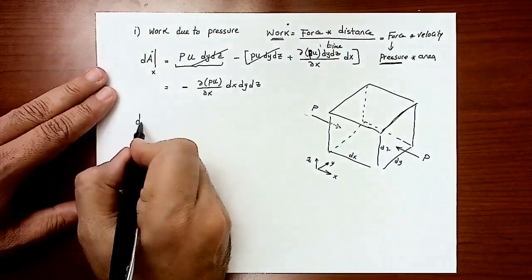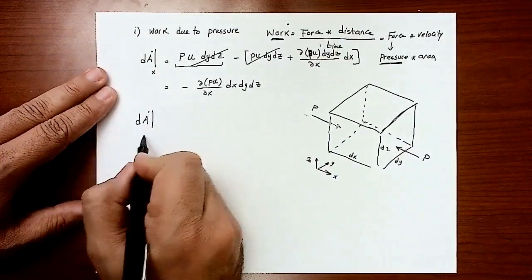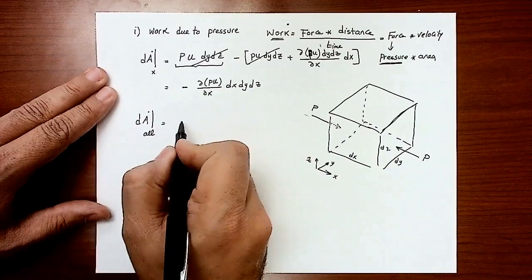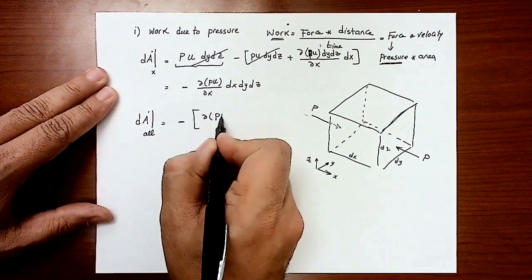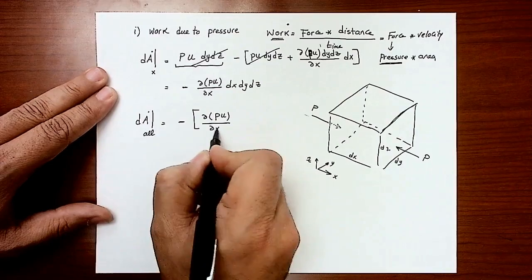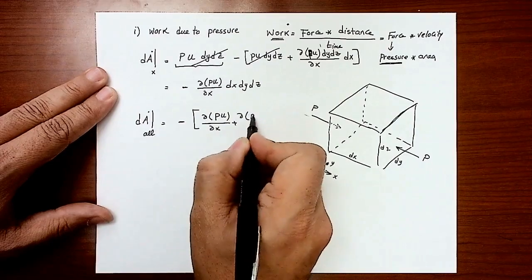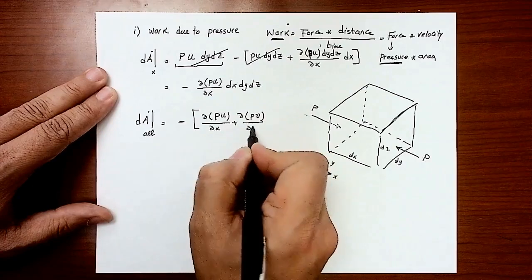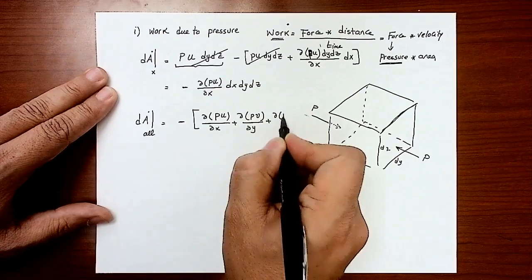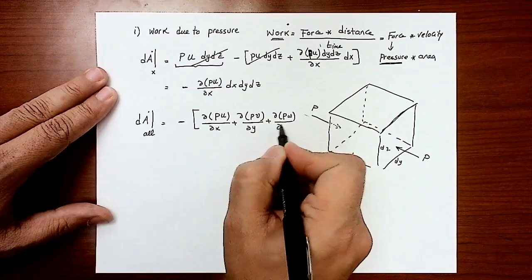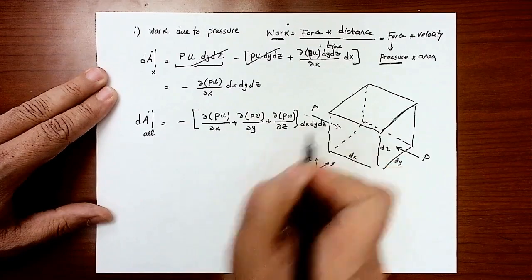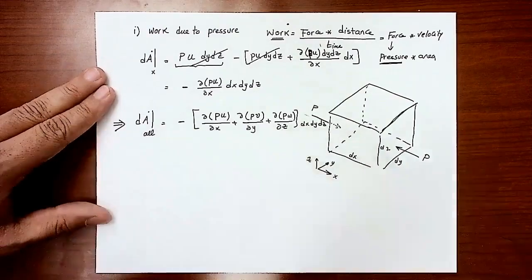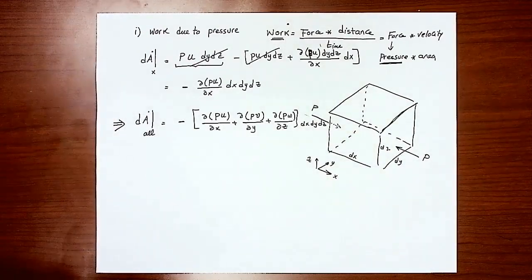So I can say that dA dot in all directions can be written as minus partial Pu by partial x plus partial Pv by partial y plus partial Pw by partial z, with dx dy dz as a common factor. So that's the first type of work, which came from the pressure.